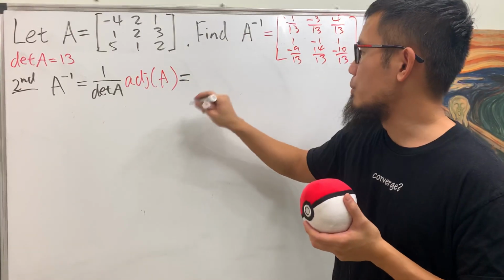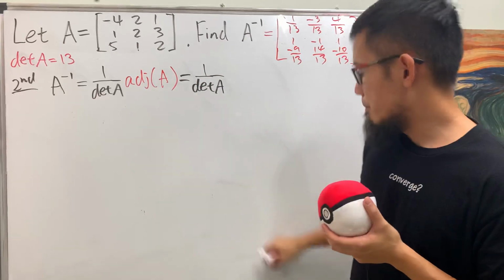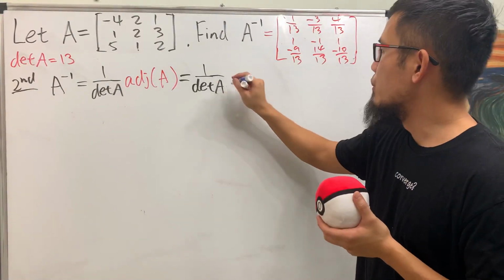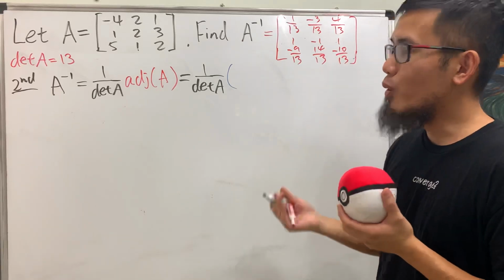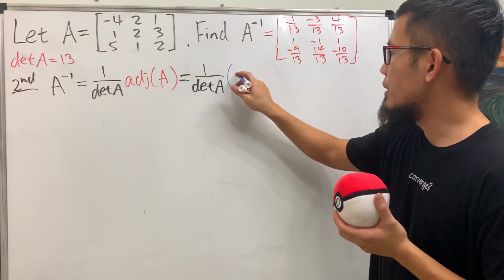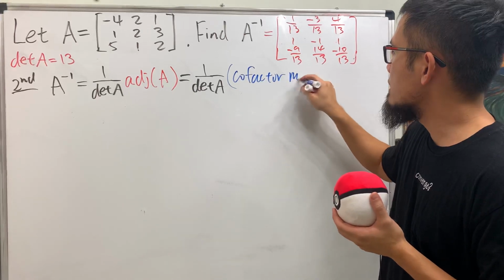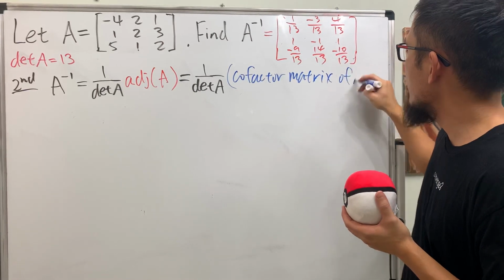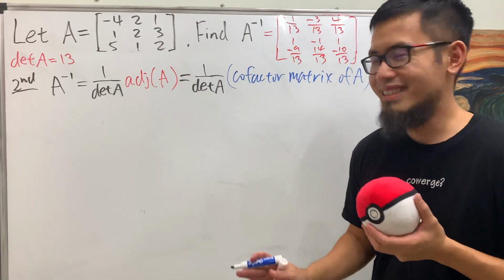So let me write down the formula again. 1 divided by the determinant of A. But for this thing, what we do is we look at the cofactors and then we form them into a matrix. So this right here, we'll just call the cofactor matrix of A. That's not it.